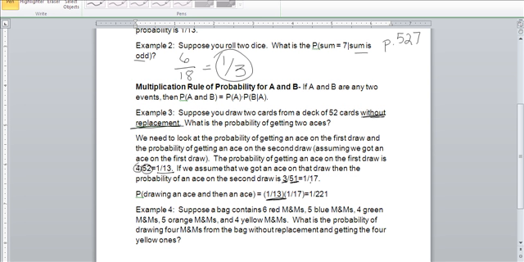So that reduces to 1/17, and multiplying those two together, we get the probability of getting 2 aces, 1 over 221. Notice if we did it with replacement, it would be 1/13 times 1/13. The probability would not change on the second draw if we replaced them.